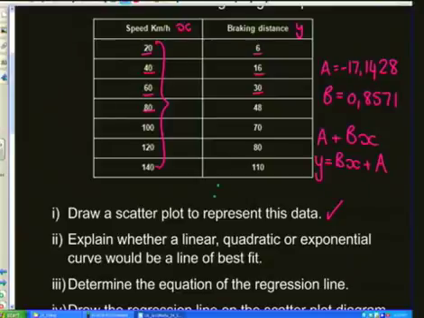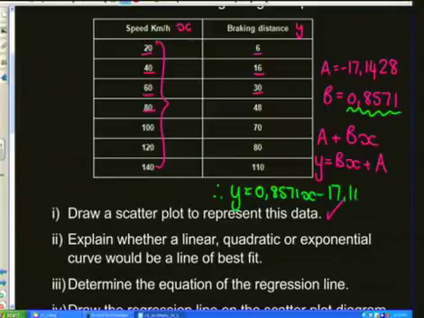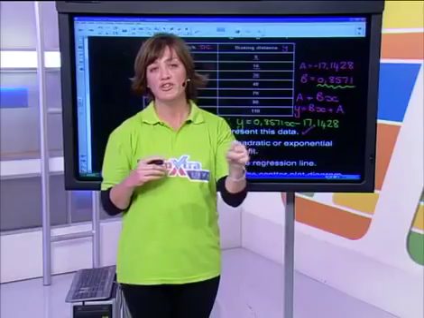So therefore the equation that we're looking for is y equals the b, which is actually the gradient of your line. That's your 0,8571 x minus 17,1428. So the negative 17,1428, if you remember your theory on straight line graphs, would represent your y-intercept.